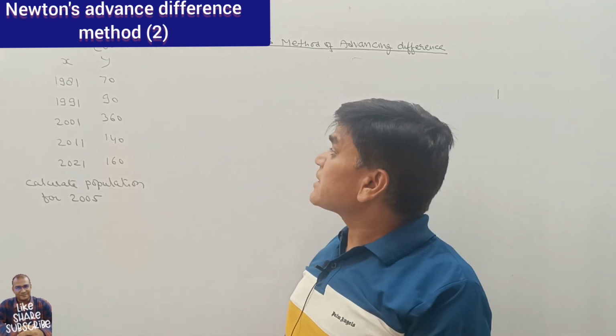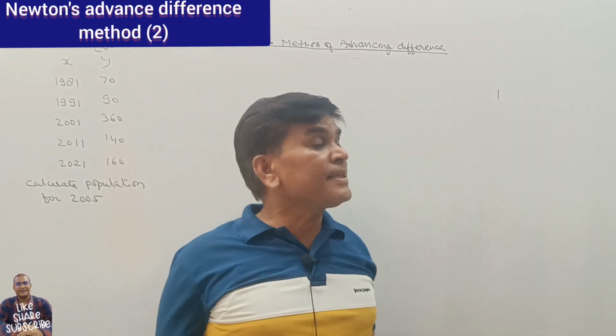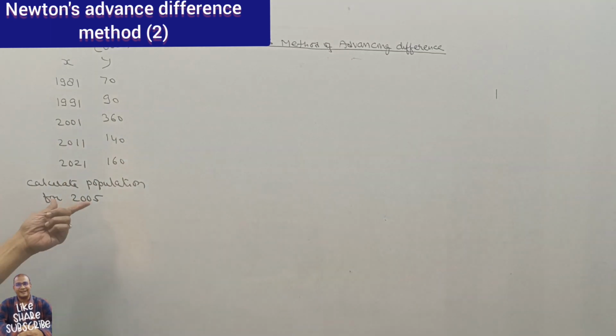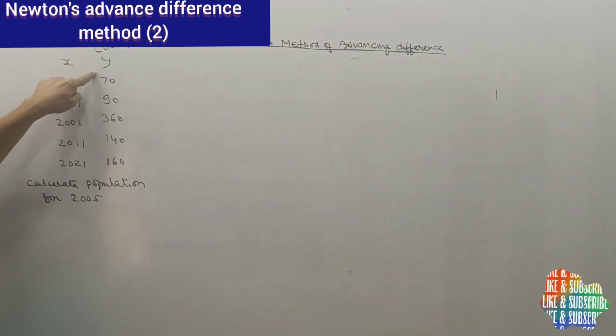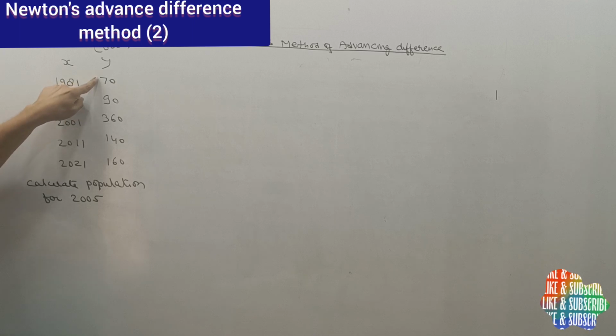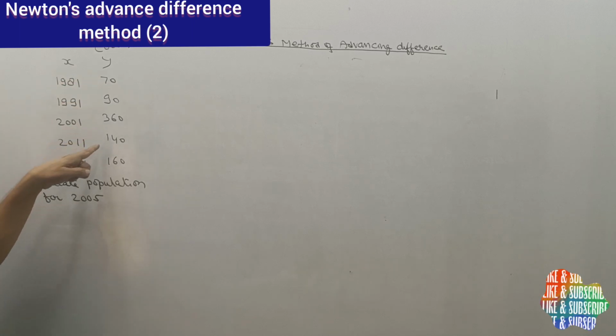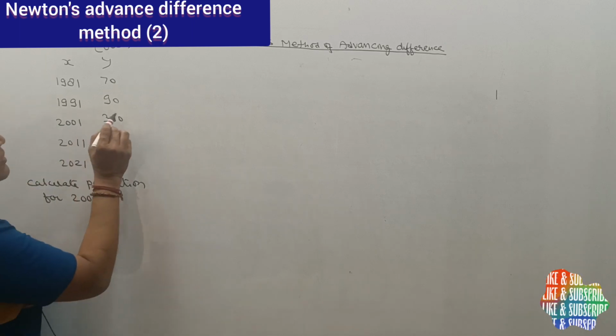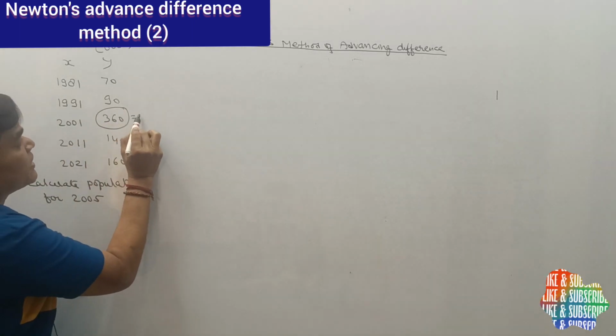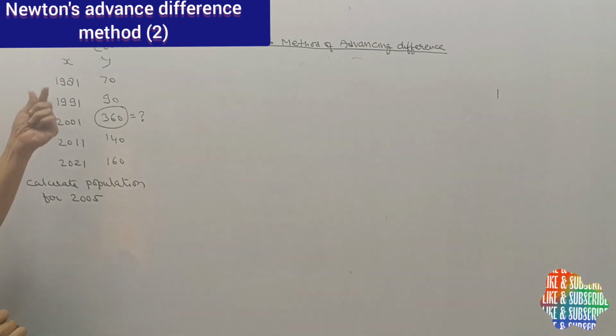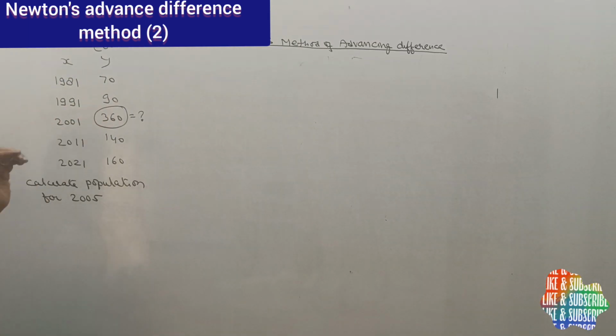So as we see, there is a little difference here. We are to calculate the population for 2005, but there is a problem. Here increasing, here increasing, here a huge increase, then decreasing. It means this is wrong. First we have to check that this is not in ascending form, and the population data is extraordinary.